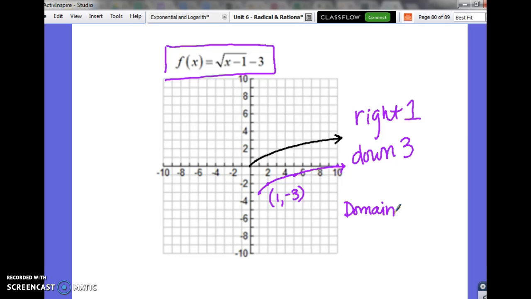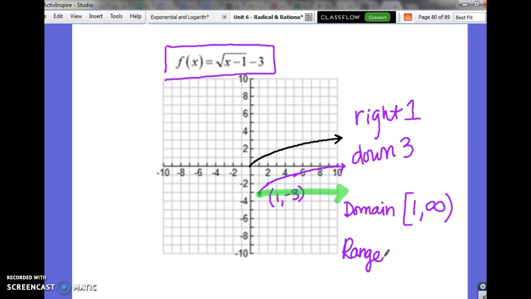Again, domain talks about x values. So on this graph, the x values start at 1 and they go forever to the right. So our domain means our x values start at 1 and they go to infinity.